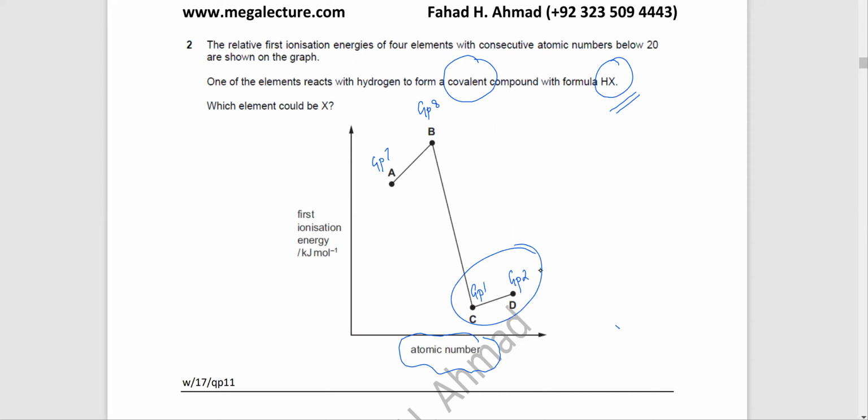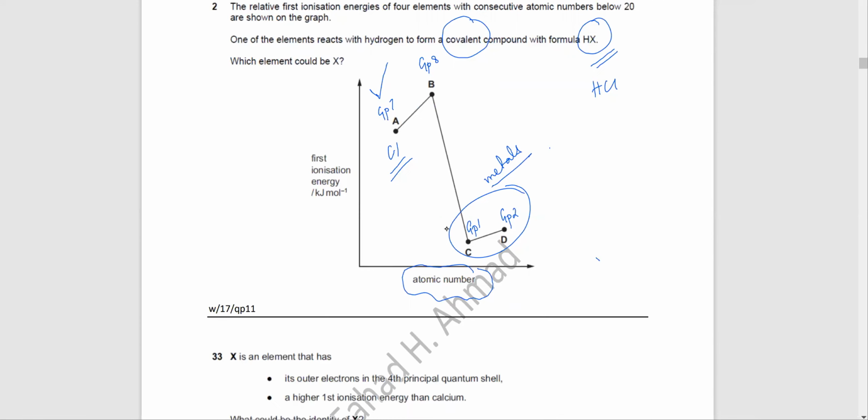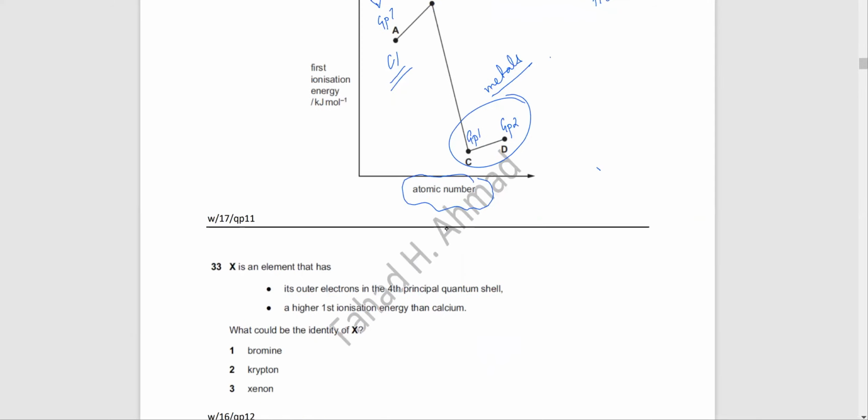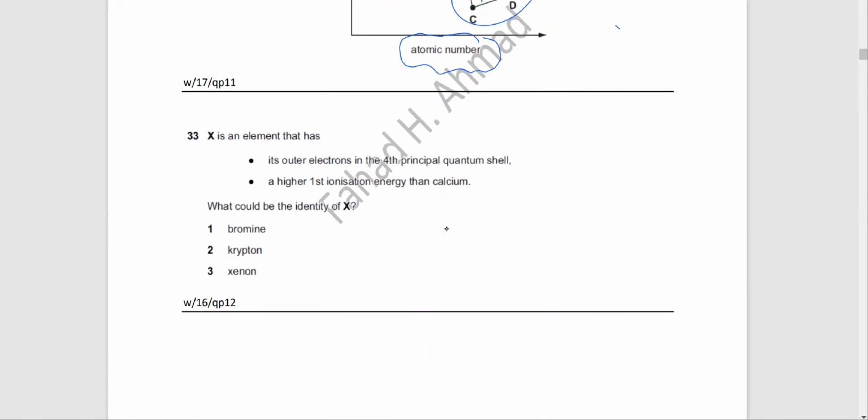They don't form covalent compounds. So what are you left with? You're left with a noble gas. Would it form a compound? No. So the only option you're left with is A, and that's probably chlorine or someone from group 7. And HX would probably be HCl or something, HF or HI, etc. Is this clear?